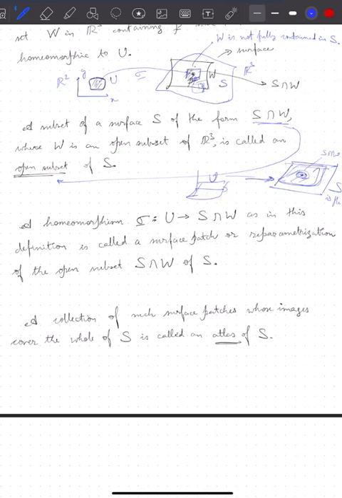Tell me, Krishna, one thing. If we combine the small surface patches, in that case the same U can be mapped to S intersection W, different ones? That will depend on how we have taken sigma, but it may or may not be. Sometimes we may have to take different U. Can't we have the same U but different sigmas? That's always possible.